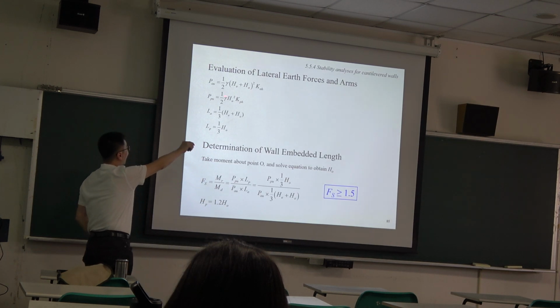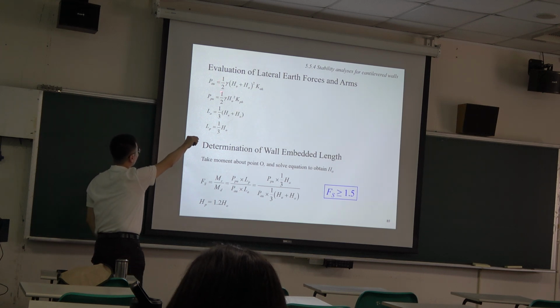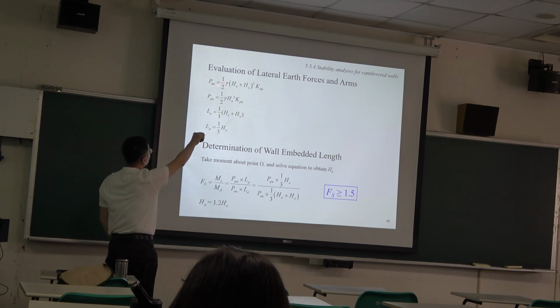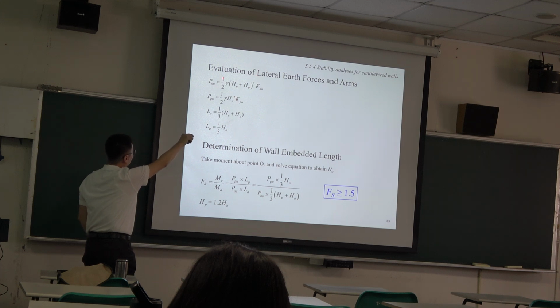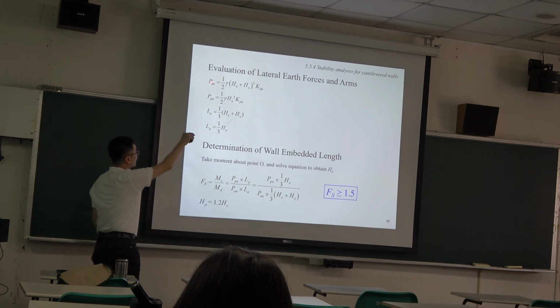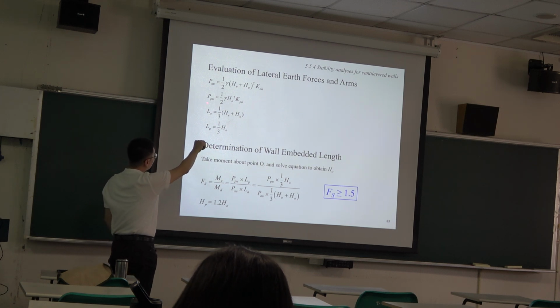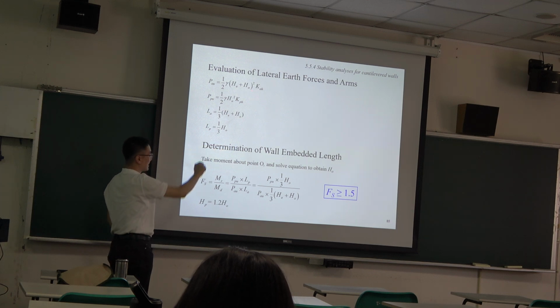So for the upper part, we can work out the lateral earth pressure, and then by considering its triangle, we work out the resultant. This is the active side resultant, and the passive side resultant is here.